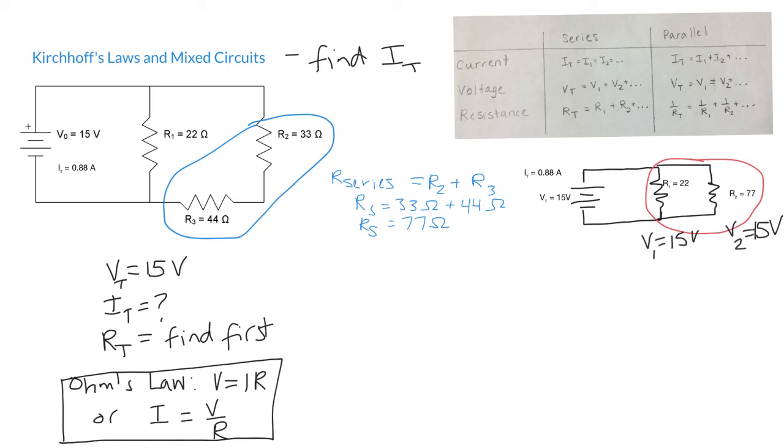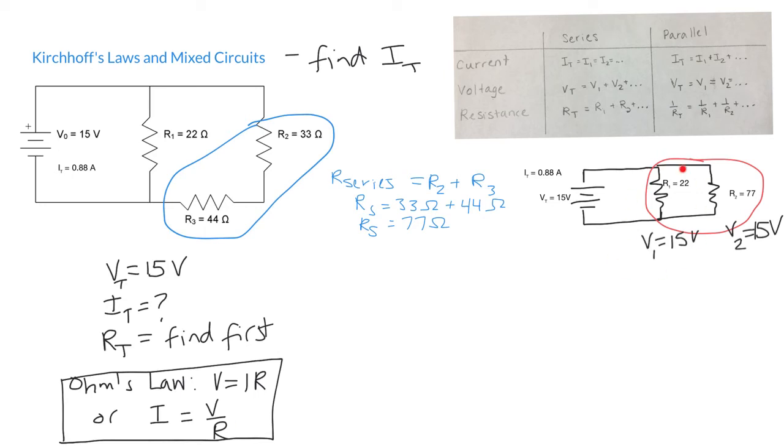Because the voltage rise for the battery has to be equal to the voltage drop in each path. And then when I know the resistance and the voltage, I can use my Ohm's law formula to find current.